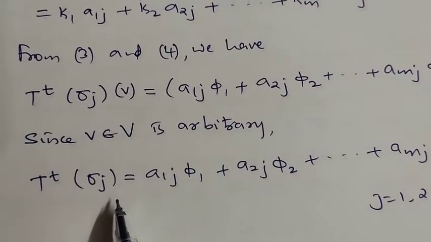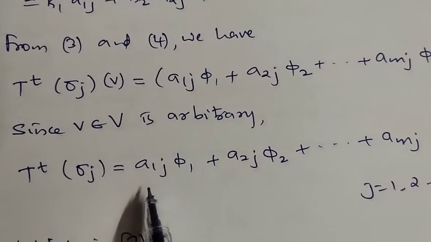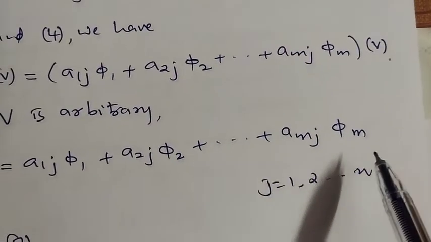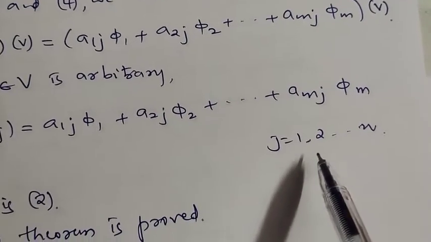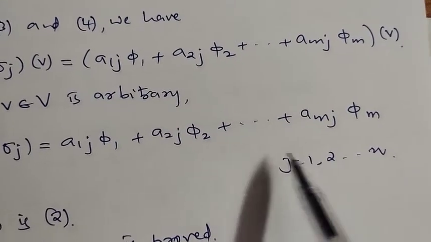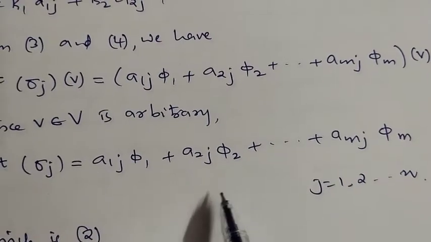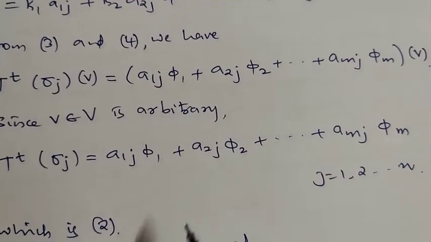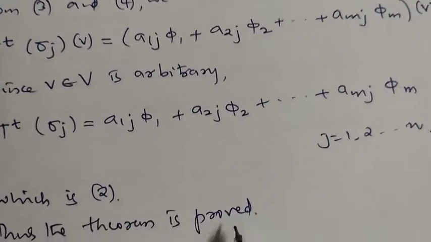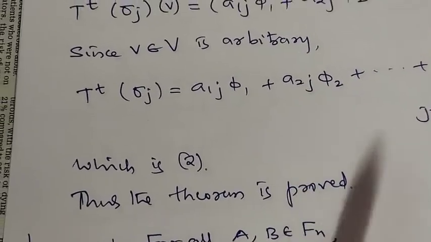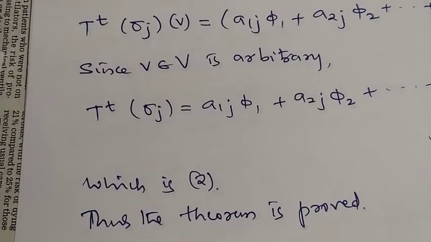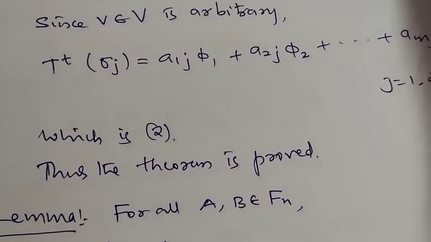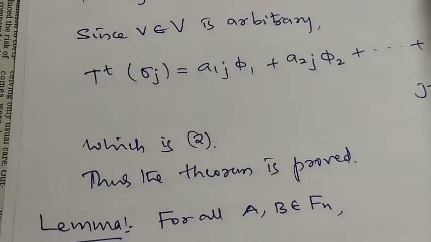Therefore T transpose of sigma j is a1j phi 1, a2j phi 2 etc. amj phi m, where j runs over 1 to n, which is nothing but the system of equations 2. Therefore we have proved the required result, which means we have found the matrix of T transpose, where T transpose is the transpose of T.